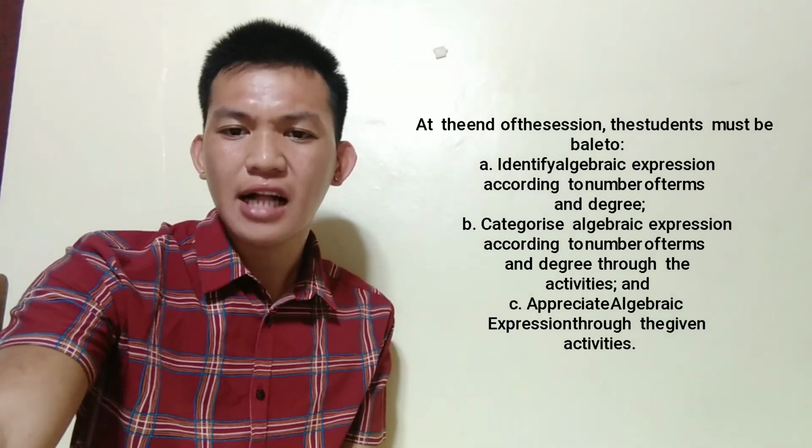So what is algebraic expression? Algebraic expressions are classified according to the number of terms and degrees. Let's discuss first the classification of algebraic expression according to the number of terms. I have here an activity that will help you to understand what an algebraic expression is and how it is classified according to the number of terms.